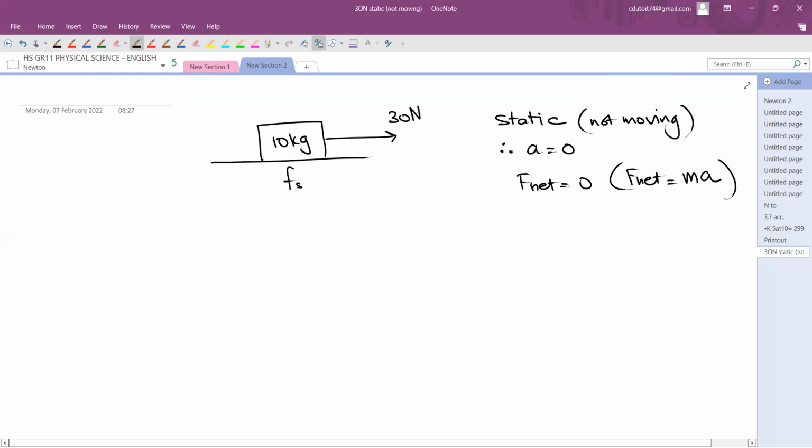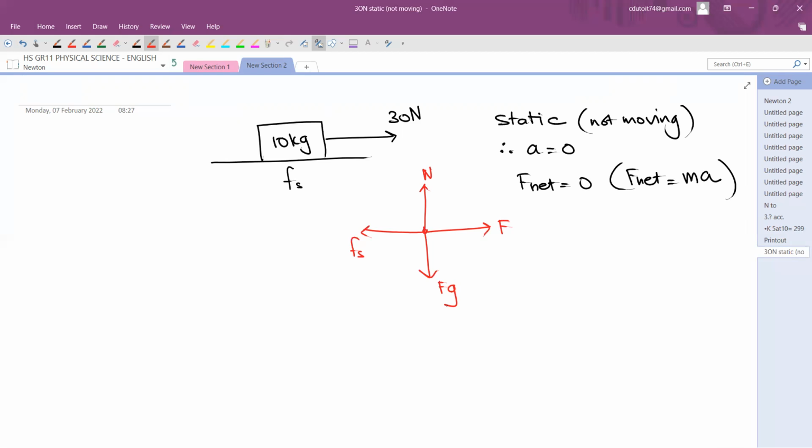So our free body diagram looks like this: normal, applied force, static friction, and Fg. Can you tell me what the static friction is? Yes, it's 30 newtons. Why?